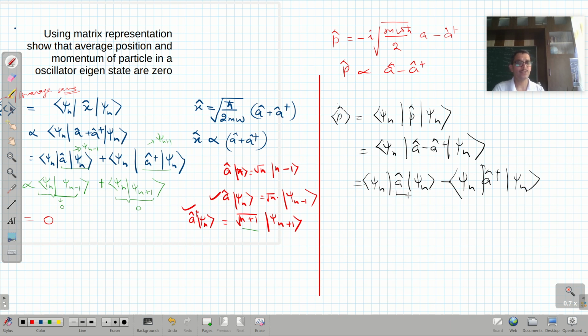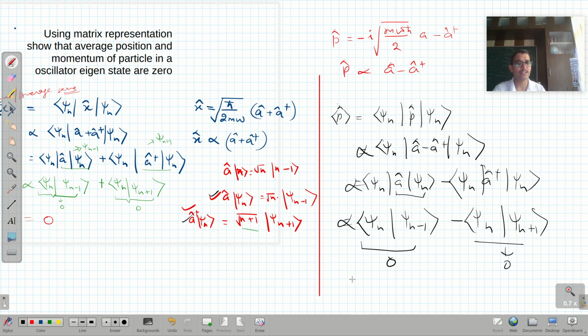If I use these relations, this is basically psi n psi n minus 1, and here, rather than using equality, I am using the proportional symbol, and psi n psi n plus 1. But these two terms are separately equal to 0. So overall this is equal to 0. So the expectation value of momentum is also 0 for the harmonic oscillator. So that's all for this numerical problem.